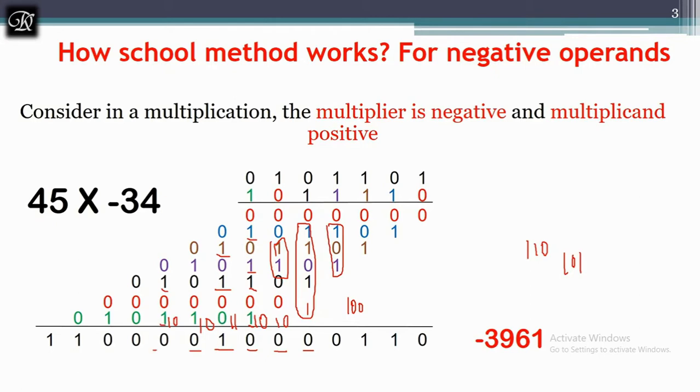I am writing 0 here, and carry will be 1 0. And out of this carry I am writing 0 here, and this will be a carry to the next stage, because I can represent only one bit at a given time. And now 1 plus the carry from the previous stage is 1 0. I am writing 0 here, and 1 will be carry here, and 1 I have written as it is because it's added with a 0.